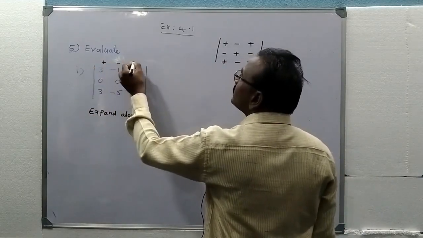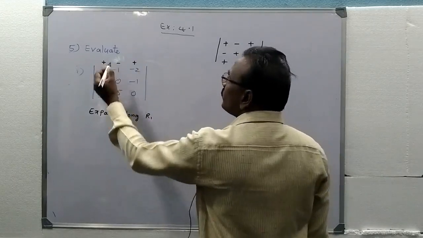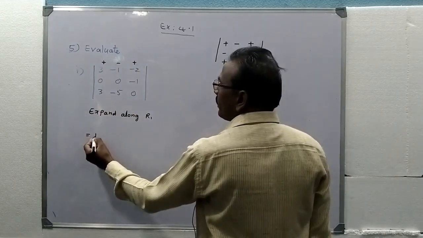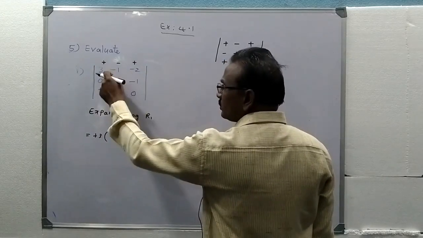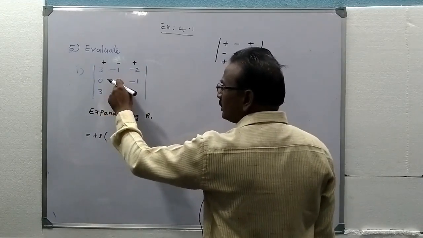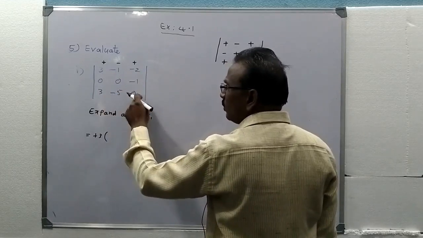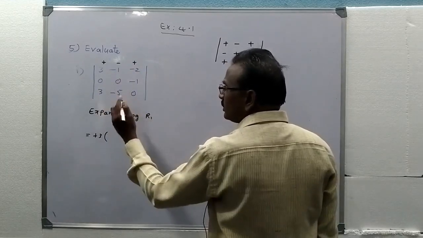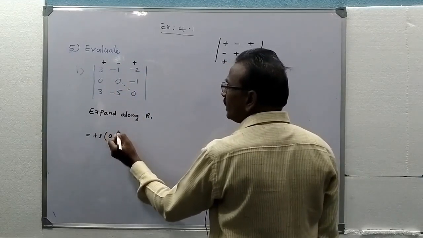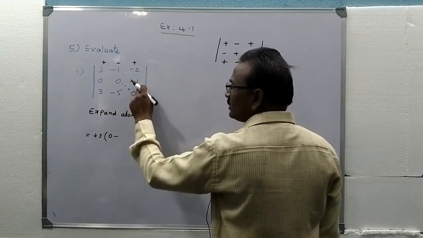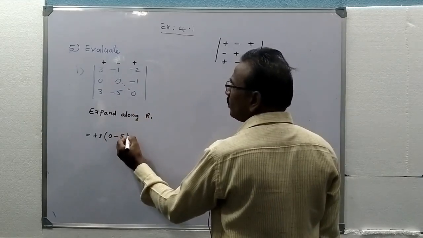Plus, minus, plus. So this is equal to plus 3 into the determinant after deleting the first row and first column. What are the remaining 4 elements? 0, minus 1, minus 5, 0. The determinant of these 4 elements is the product of the principal diagonal elements, 0 into 0 is 0, minus 5 into minus 1 is plus 5. So that is 3 into that.